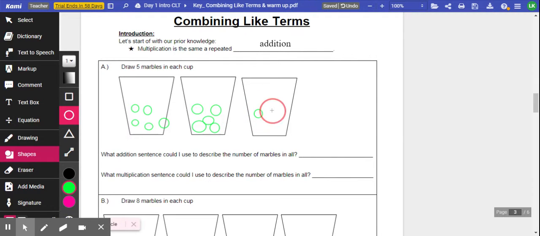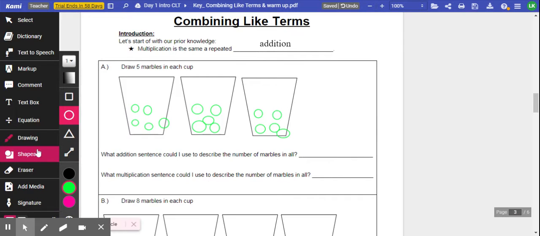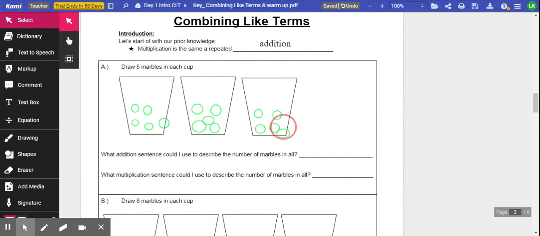These are not perfect marbles, but get them as close in size as you can. All right, let me try to use my select tool and see if I can move some of these. Doesn't let me move them. Okay, that's okay. That's pretty close. So here's my 5 marbles in each cup.